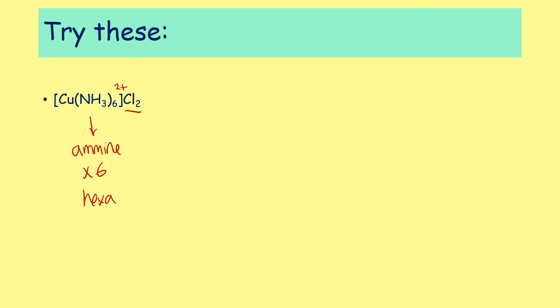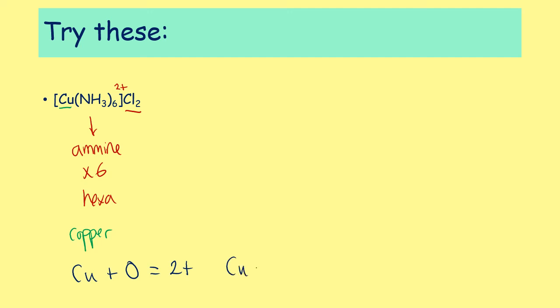Next thing, we look at our metal and we look at the charge of the complex. Our complex is positively charged, so we do not change the name of the metal. Now what we need to do is work out the oxidation state. Well, copper plus ammonia is a neutral molecule, plus 0 gives us 2 plus.